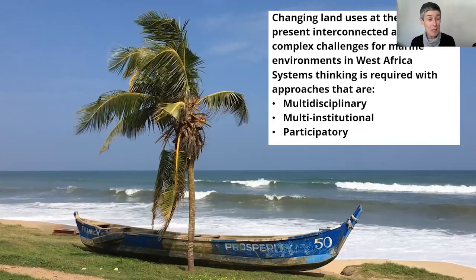They need to include people and the social situation, as well as the physical environment, urban environment, and the natural environment. They need to be multi-institutional, so they are bringing different stakeholders together. Very important when we're trying to address these issues to include people that live and work at the coasts, and that's that last point of being participatory. I'm going to end there.